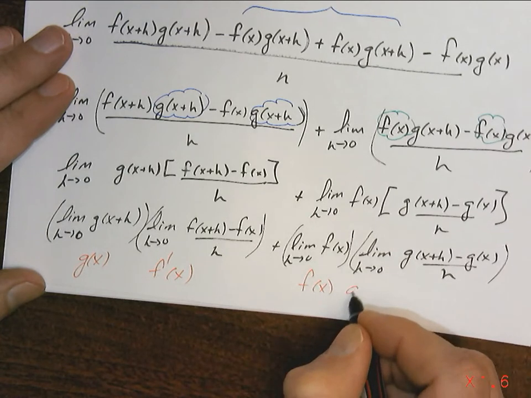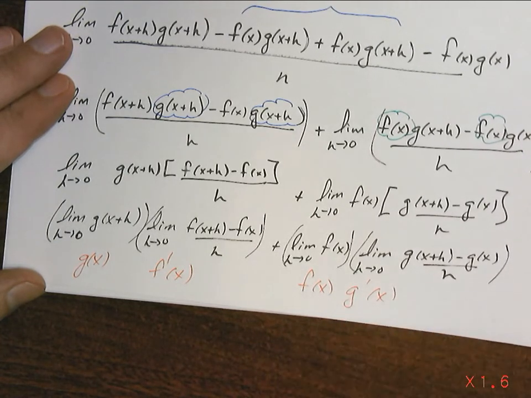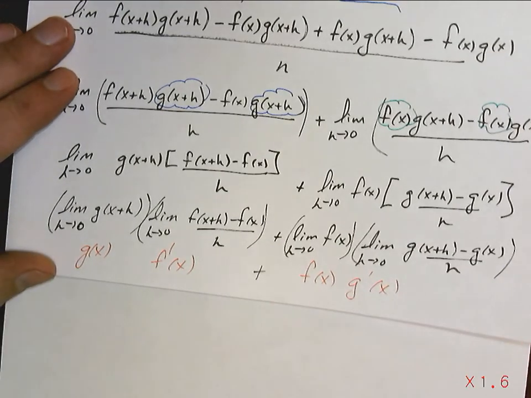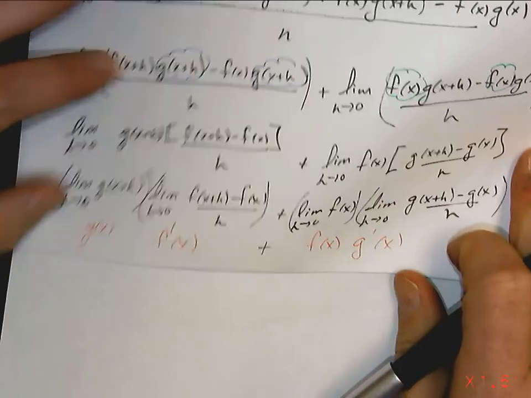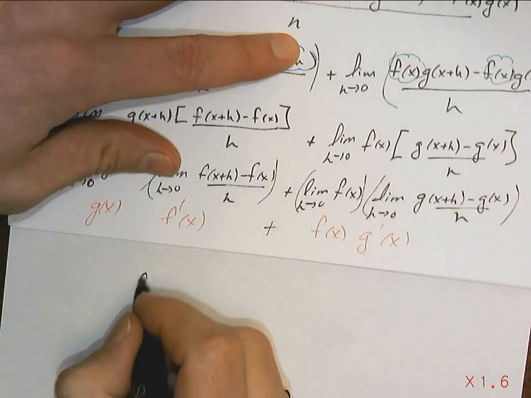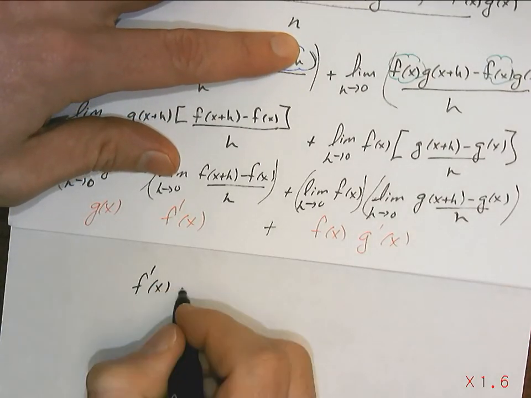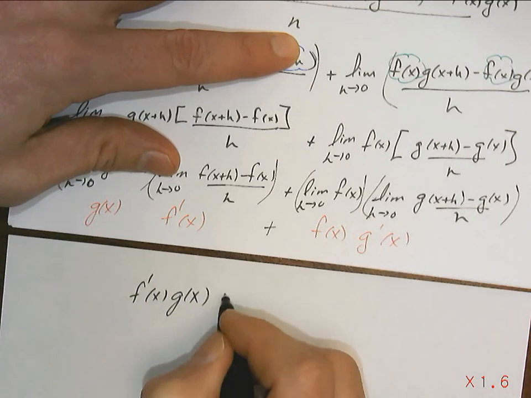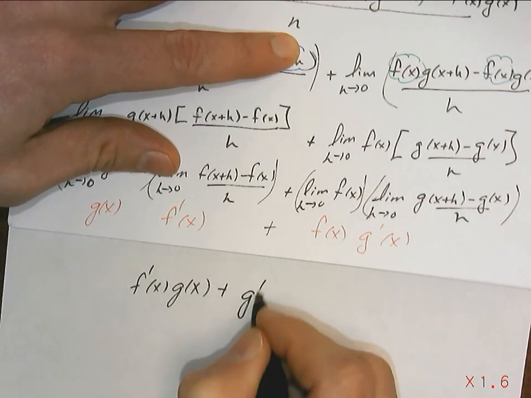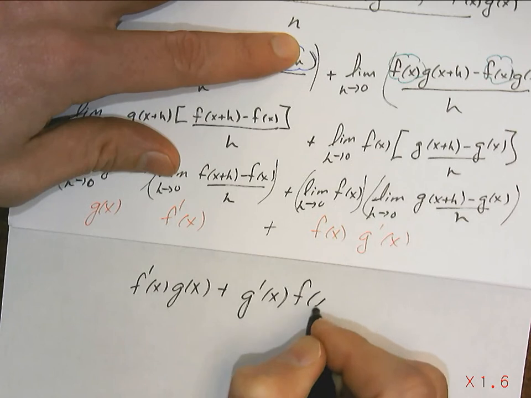And this, we should know, is g of x. The addition falls down, and lo and behold, what we have, unbelievable, is the derivative of the first times the second plus the derivative of the second times the first.